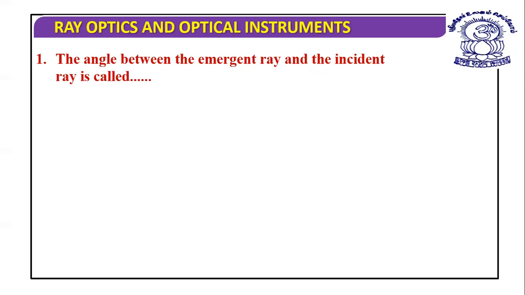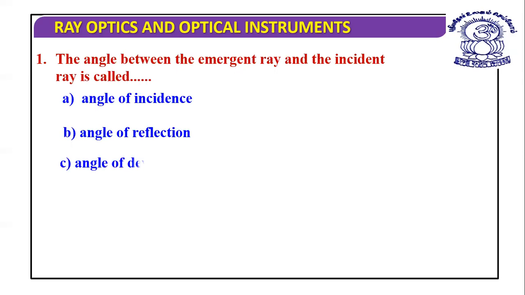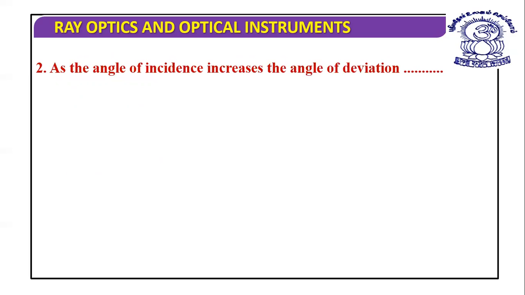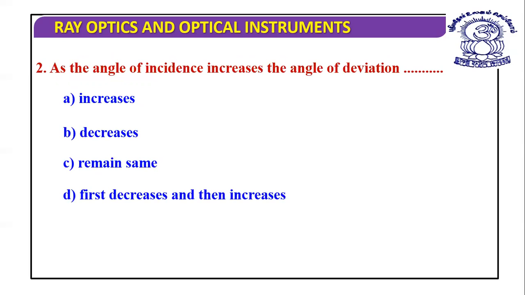Let us see some questions based on the prism. The angle between the emergent ray and incident ray is called angle of deviation. As the angle of incidence increases, what will happen to the angle of deviation?